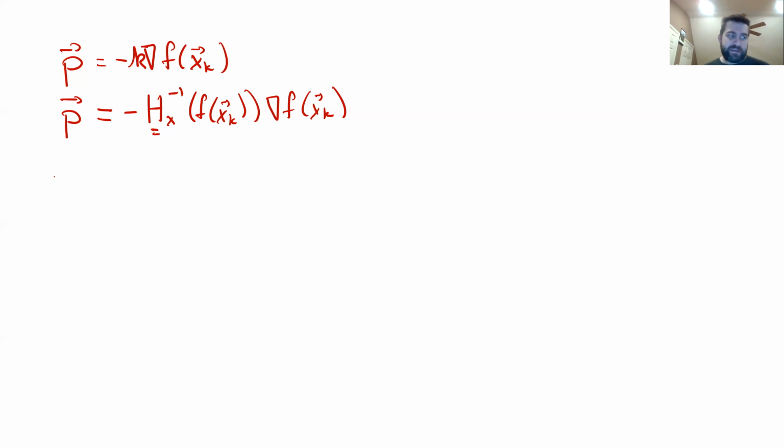And this is an idea that is sort of captured in a method known as adapted basis Newton-Raphson.